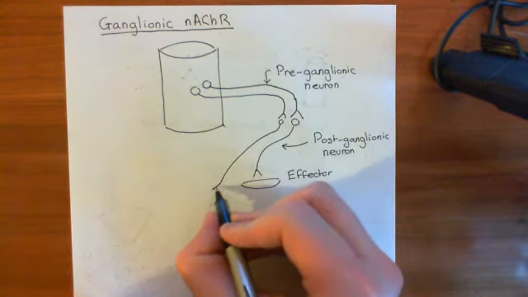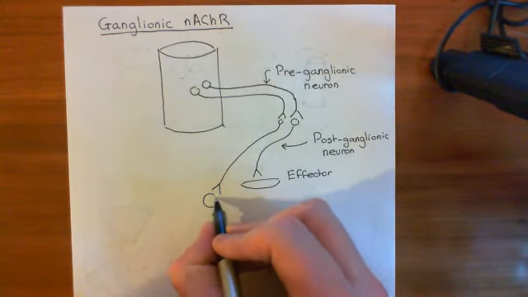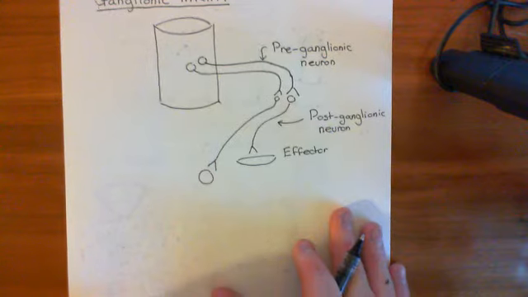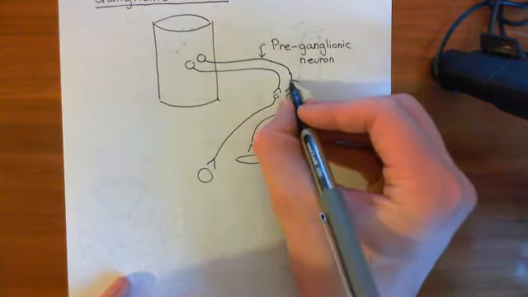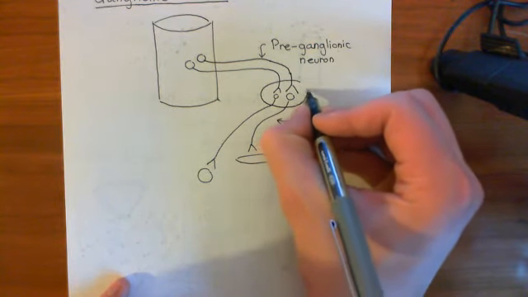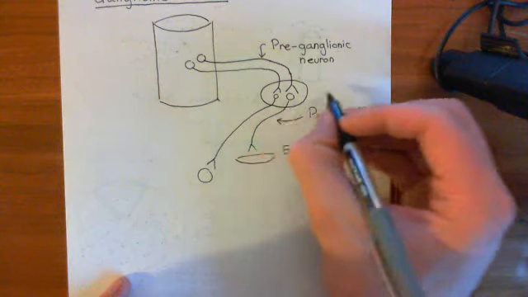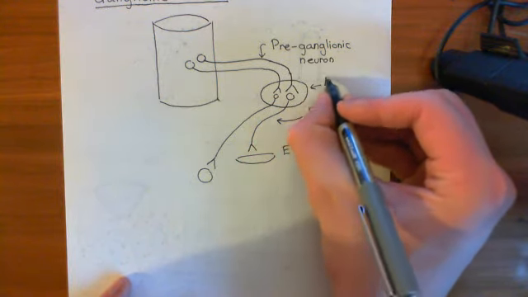And this other post-ganglionic neuron might have a very different target, so let's say it's got something that looks more round, like that. But all of this synapsing is occurring in one little site, and this place where you have all these synapses is known as an autonomic ganglia.